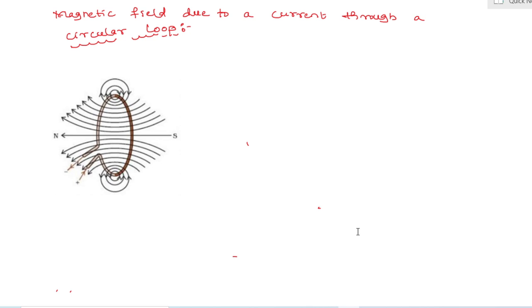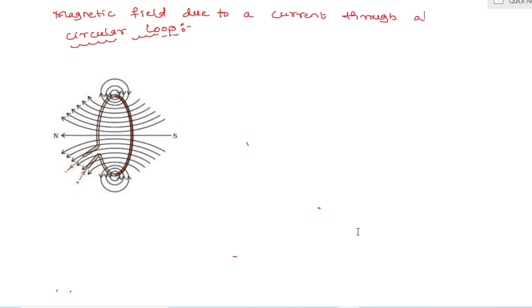It means the space around a magnet in which its effect can be experienced, that is, its force can be detected, is called a magnetic field. Afterwards, magnetic field lines. Magnetic field lines means the imaginary lines representing the magnetic field around a magnet.